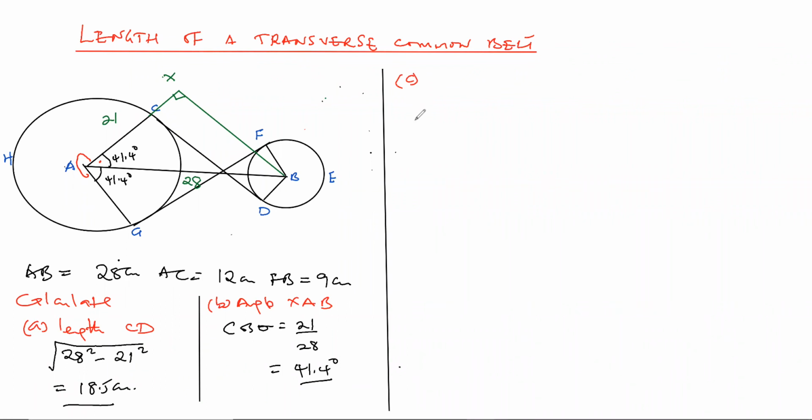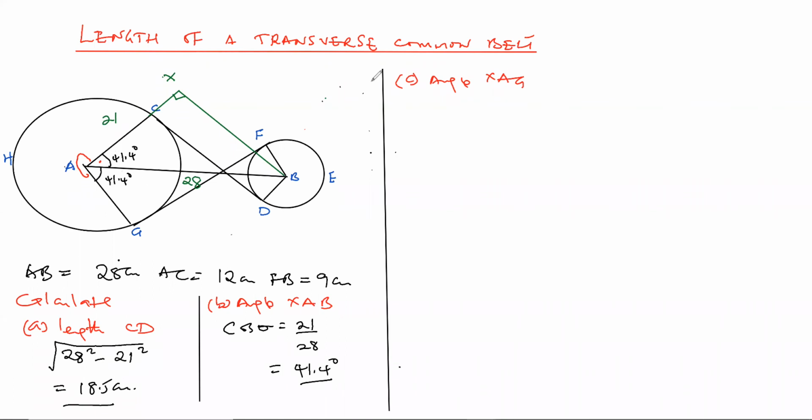So, Question C. Question C is angle XAG. XAG is what I've already explained. I'm doing this step by step, the whole process that will take you to calculating this length. You must get these things. XAG is the whole of this angle.